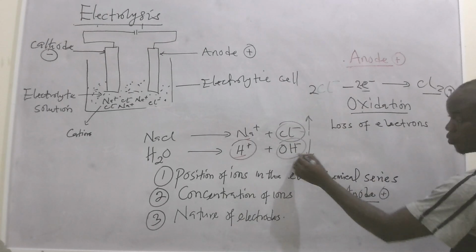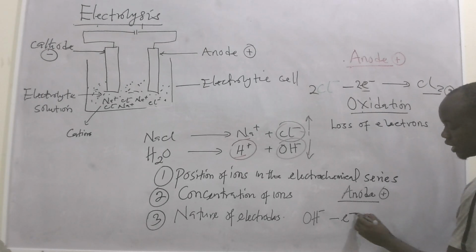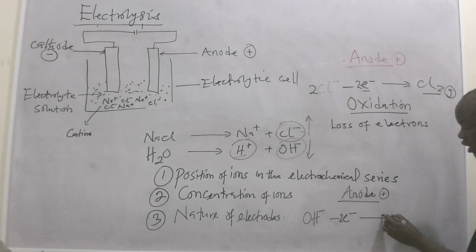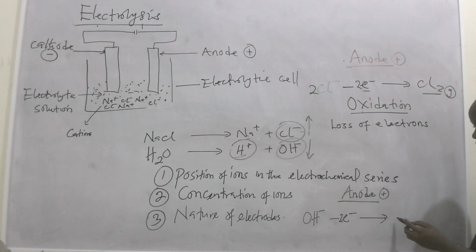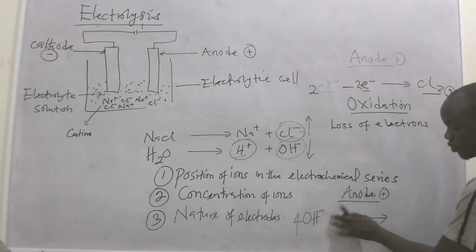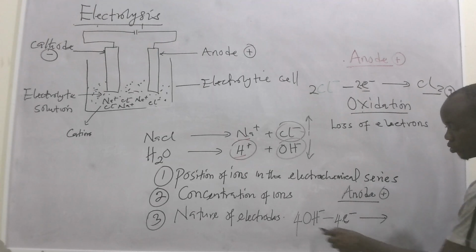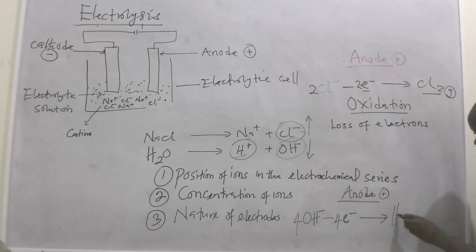So it's the OH minus that will migrate to the anode, and then it will form a gas. Usually it's 4 molecules of OH minus for the equation to be balanced. So at the end, we are going to have 2 molecules of water plus molecular oxygen. So molecular oxygen will be produced at the anode based on the position of ions in the electrochemical series.